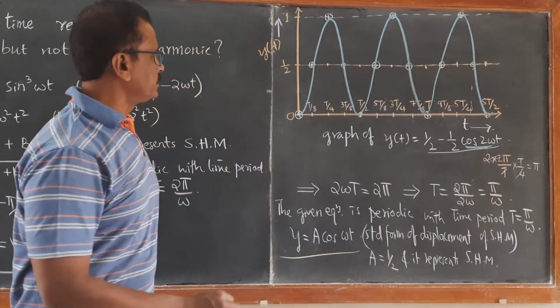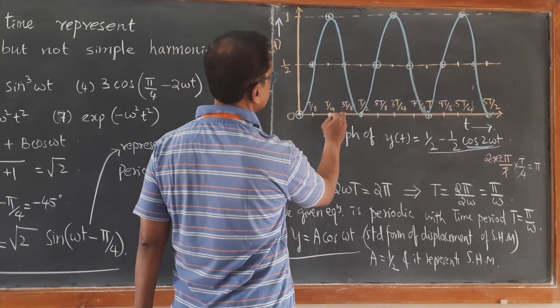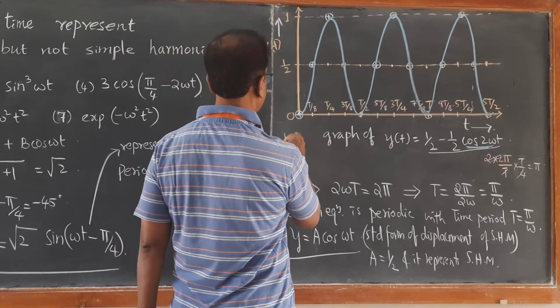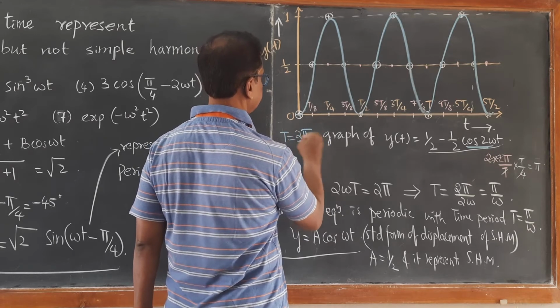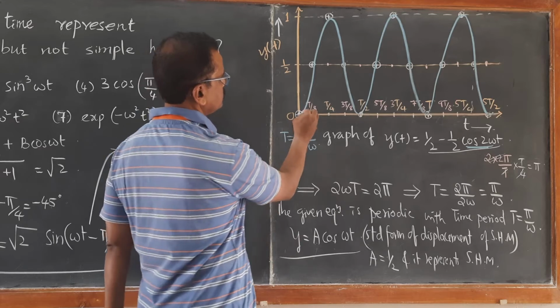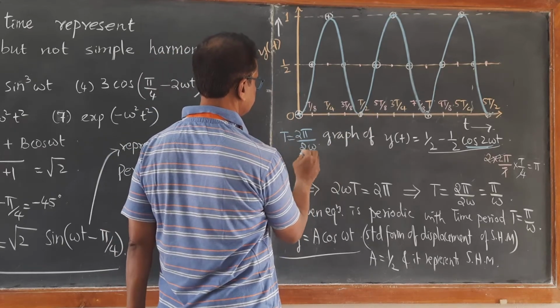So what is its time period? You see, the time period is T equal to 2 pi by 2 omega. So the time period here you can see is T by 2.